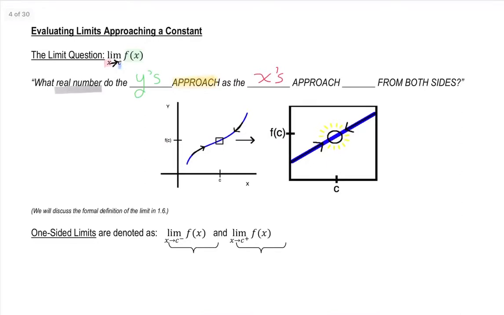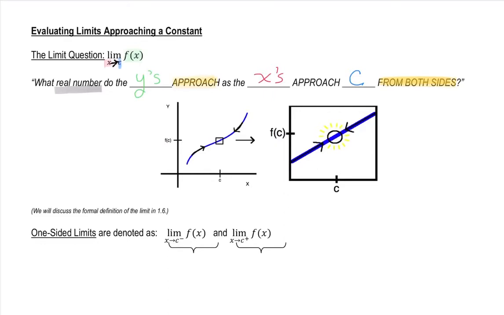This is the constant c. And another key part of this question, I feel like I'm highlighting everything because it's all so important, but we are approaching c from both sides.